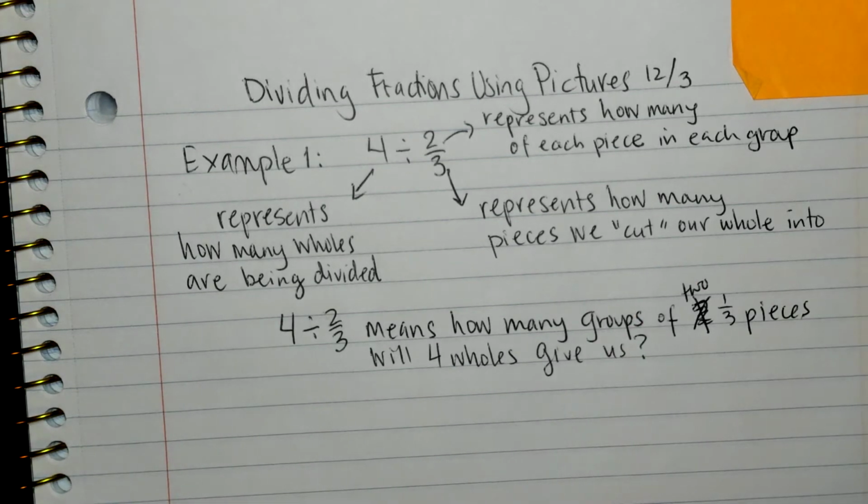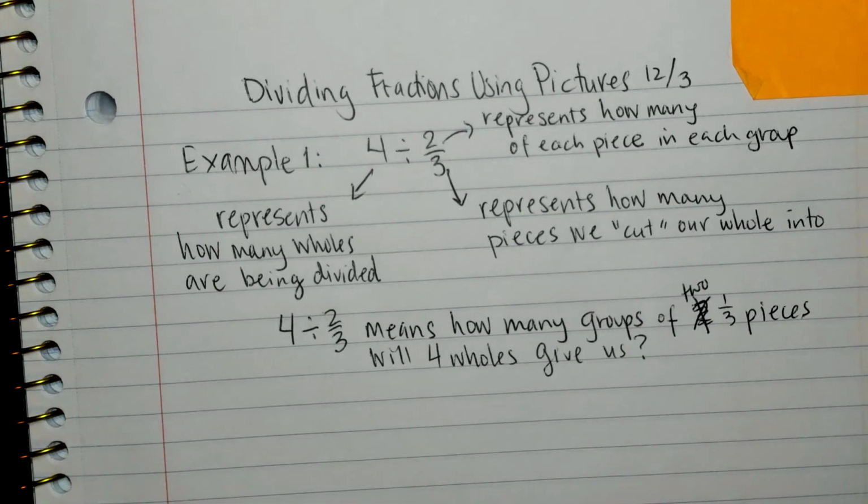Okay, so I'll say that one more time. 4 divided by 2/3 means how many groups of 2 1/3 pieces will 4 wholes give us? So I'm having 1/3 pieces, but I need 2 of them. And how many of those are in 4 wholes?